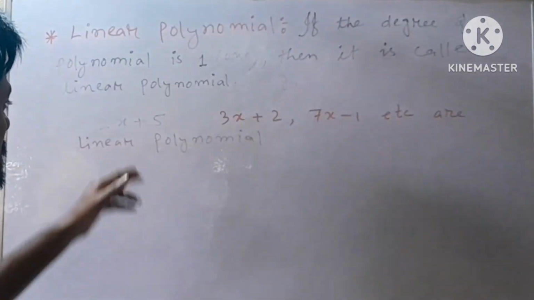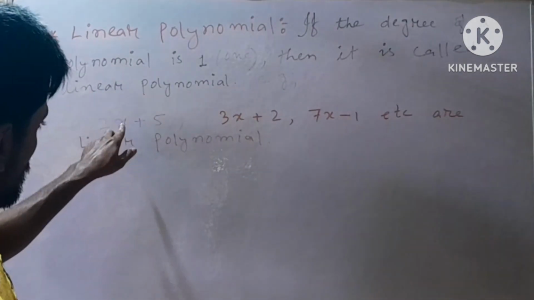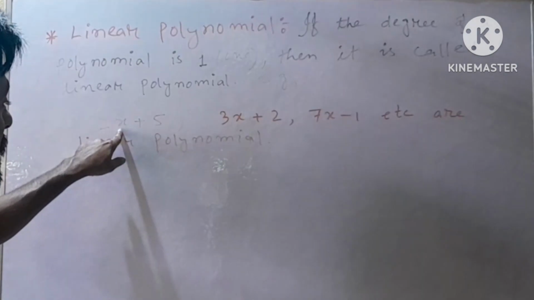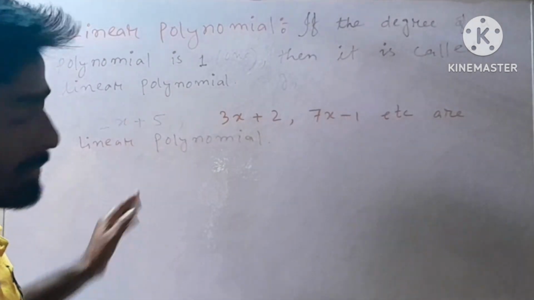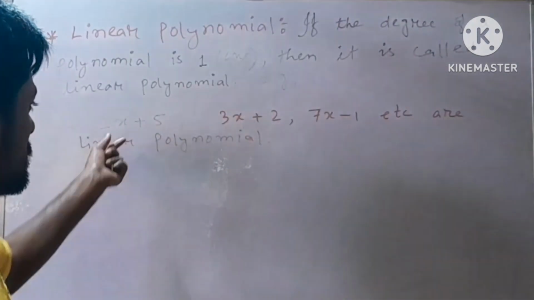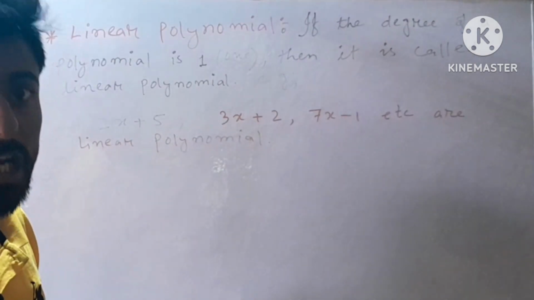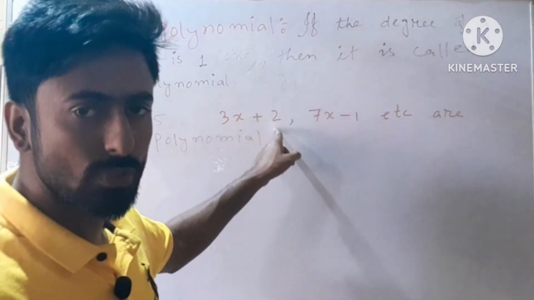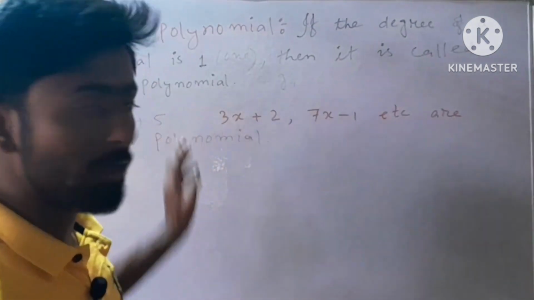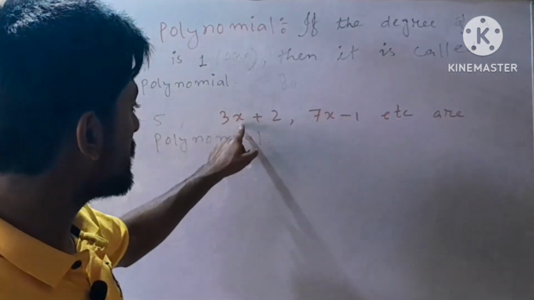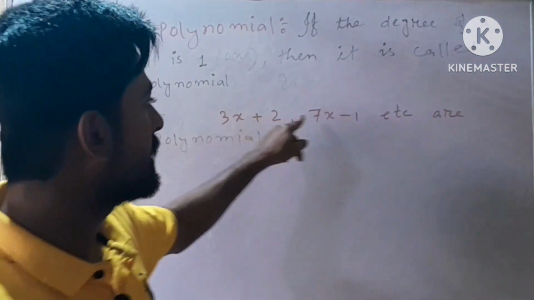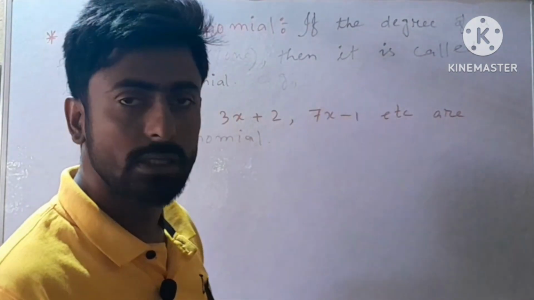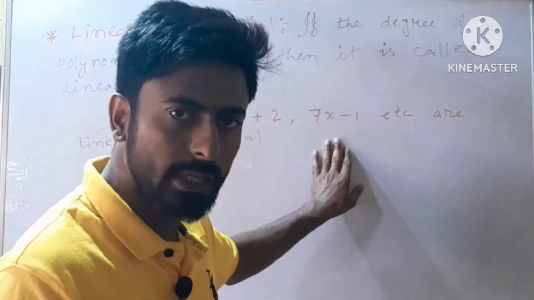Some examples. 2x plus 5: here the degree of the variable is 1, the degree of the polynomial is 1, so this polynomial is specially called a linear polynomial. Next, 3x plus 2: here also the degree of this polynomial is 1, so it is a linear polynomial. 7x minus 1: the degree of this polynomial is 1, so it is a linear polynomial.